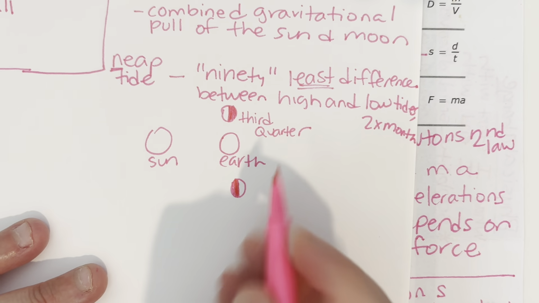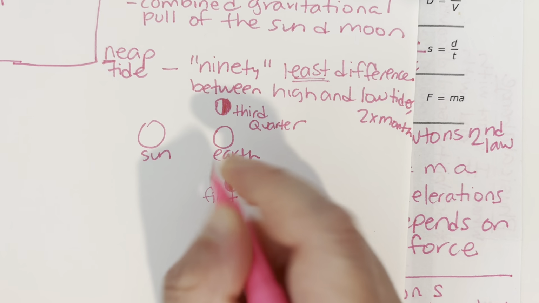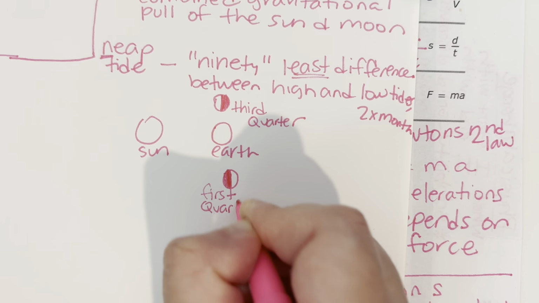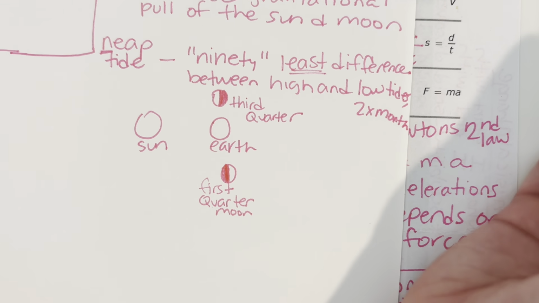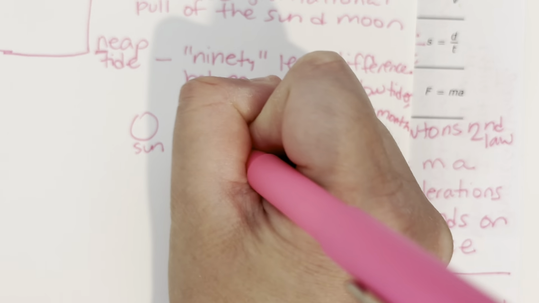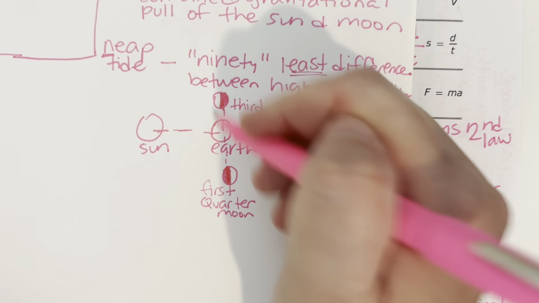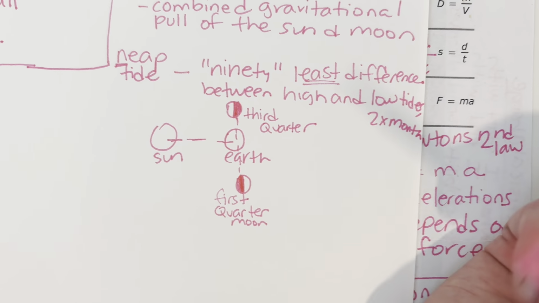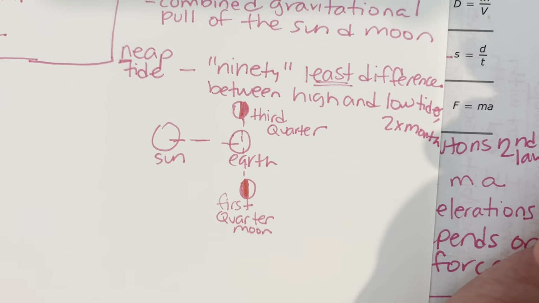And then when the first half of it is shaded, it's the first quarter moon. So this is first quarter, and then that is third quarter. Okay, and then I'm going to draw my little line here to show that it's at 90 degrees, right? So you can have either or. You can either have a first quarter moon or a third quarter moon. But regardless, you're at 90 degrees.